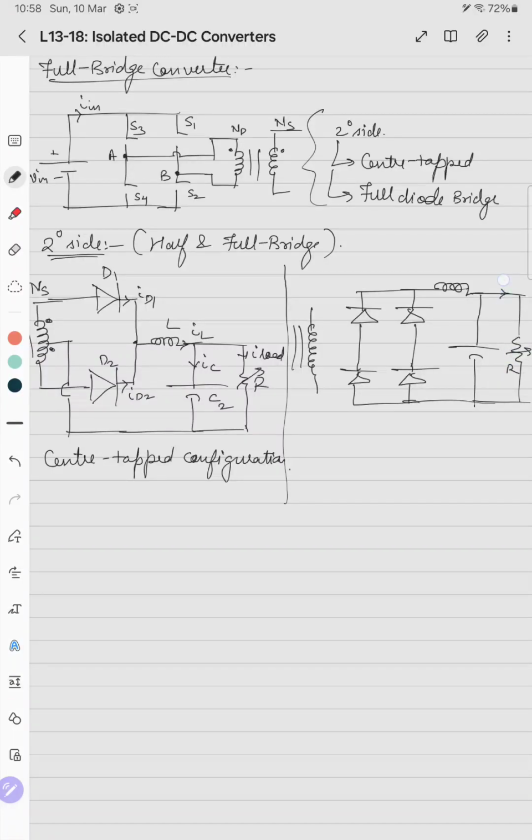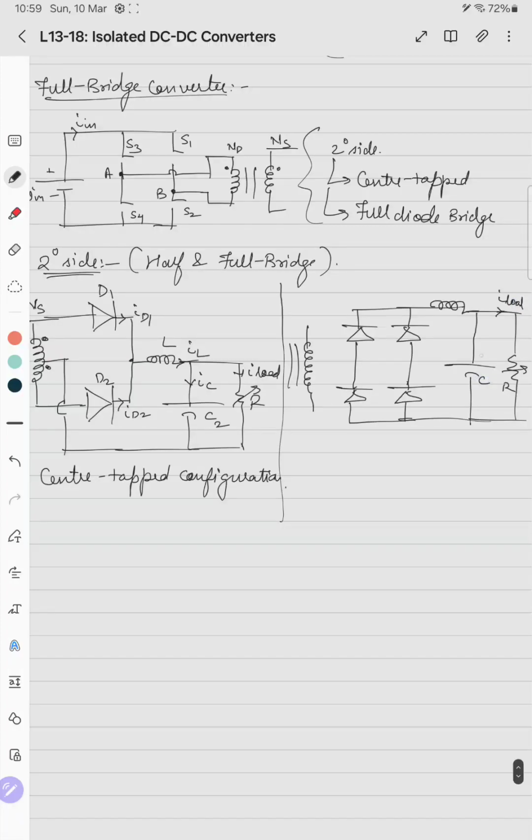This is I load, C, IC, this is D1, D2, D3, and D4, and this is connected in this sense. This is point C, this is point D, this is NS, and this is the dot configuration. So this is called the full bridge diode configuration.